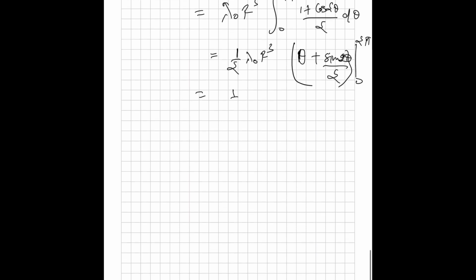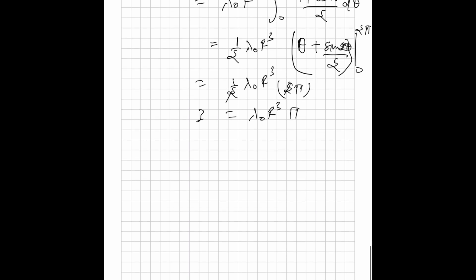Putting these limits, 1 by 2 lambda naught r cube times 2 pi, the 2 cancels out, lambda naught r cube pi. So this is our moment of inertia.